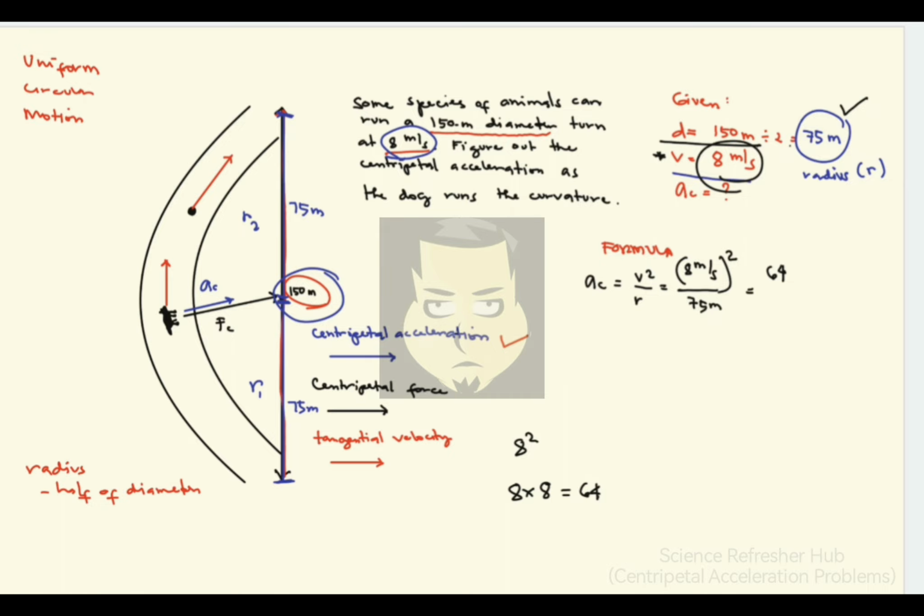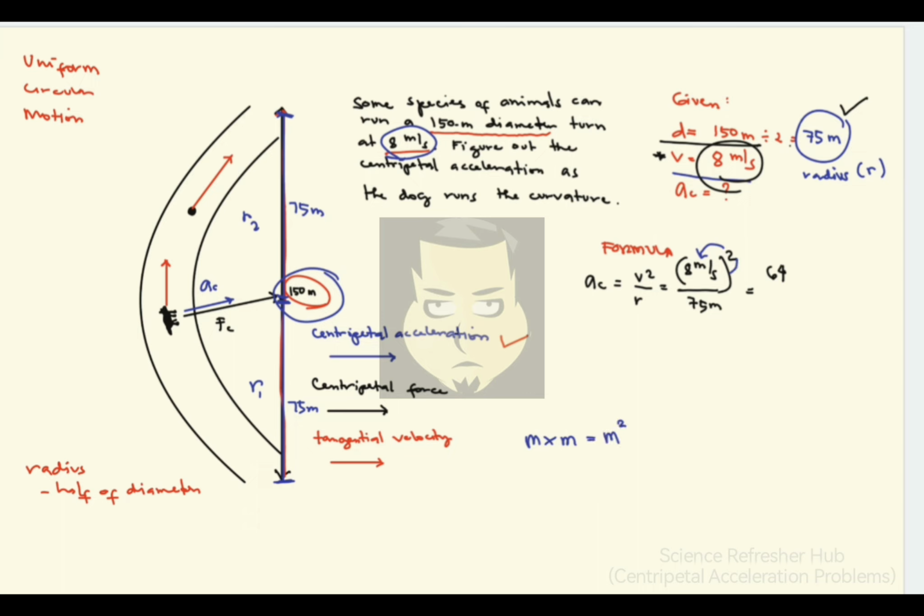And the unit, we will also do the same. Since we need to square what's inside the parenthesis, we need to square our units as well. As you can see, we have meters there. We need to multiply meters twice, and meters times meters, that's meter squared.